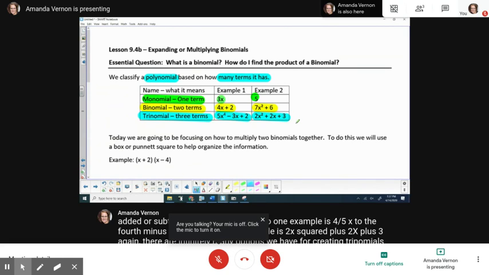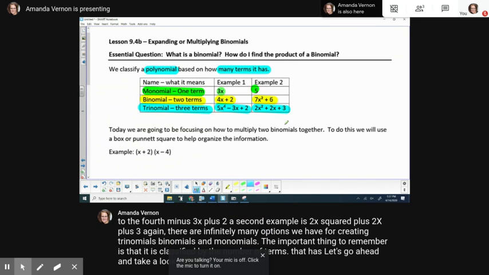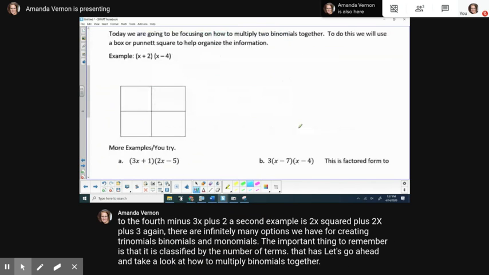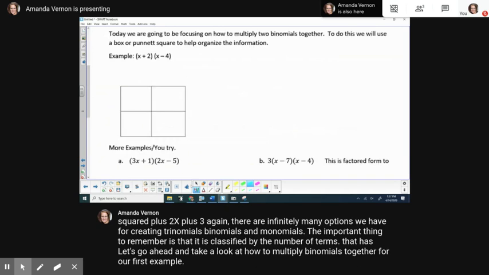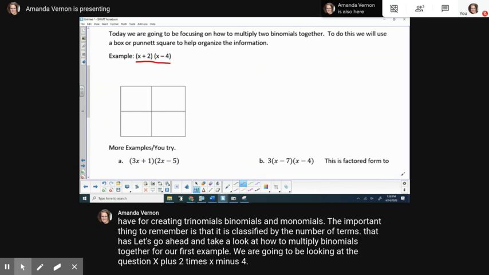Let's go ahead and take a look at how to multiply binomials together. For our first example, we are going to be looking at the question x plus 2 times x minus 4. Now, when I do this, I like to organize it with a box.